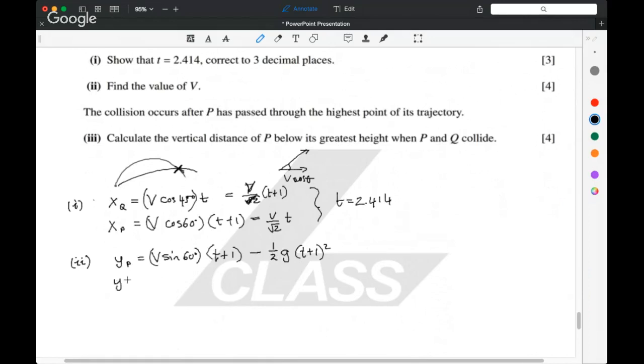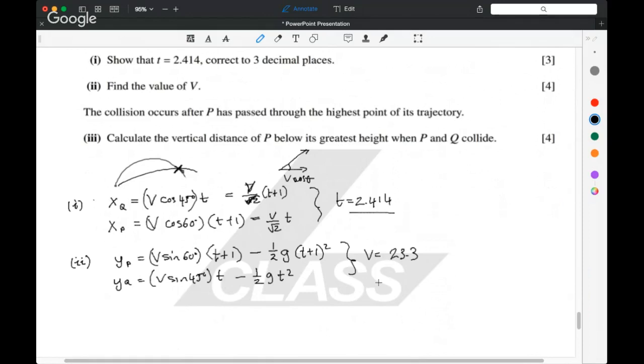And the same for yq, v sine of 45 degrees t minus 1/2 g t squared. And we know that these things have to be equal, and we know what time they're equal at. So if you plug in 2.414 for all these times and set them equal to each other, you will get the correct velocity. That's all you need to do.